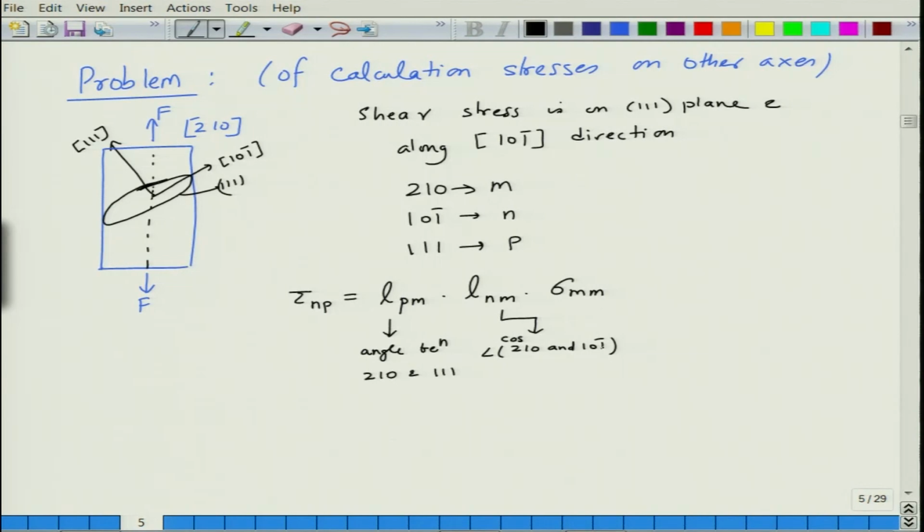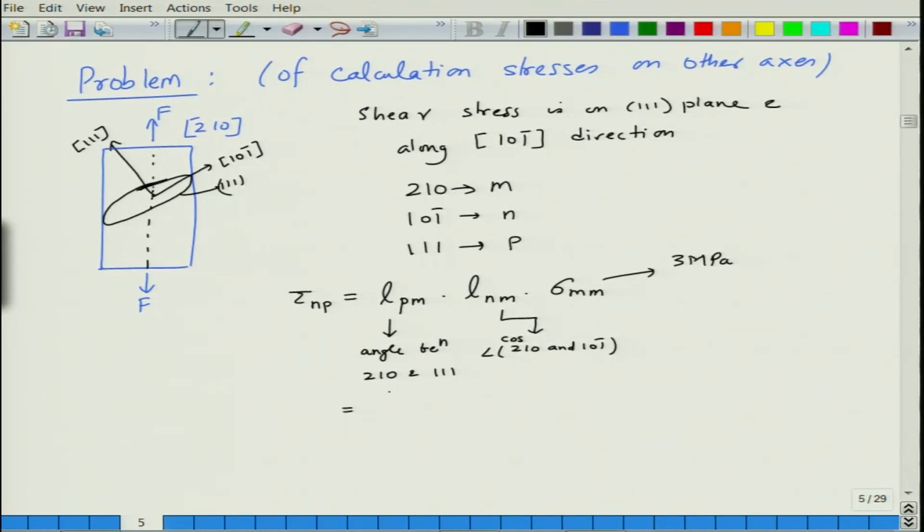And sigma MM is the stress that is applied, and let us say this stress works out to be roughly 3 megapascal, along the M direction.